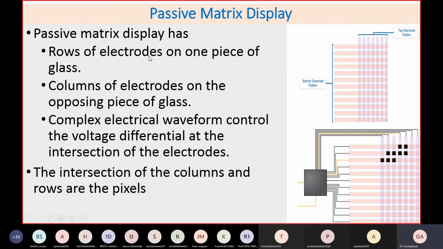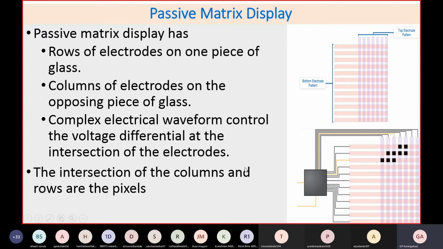Now, in this particular passive matrix display, there will be two sets of electrodes: horizontal rows and vertical rows, arranged in matrix form. You have a cross section of horizontal and vertical.